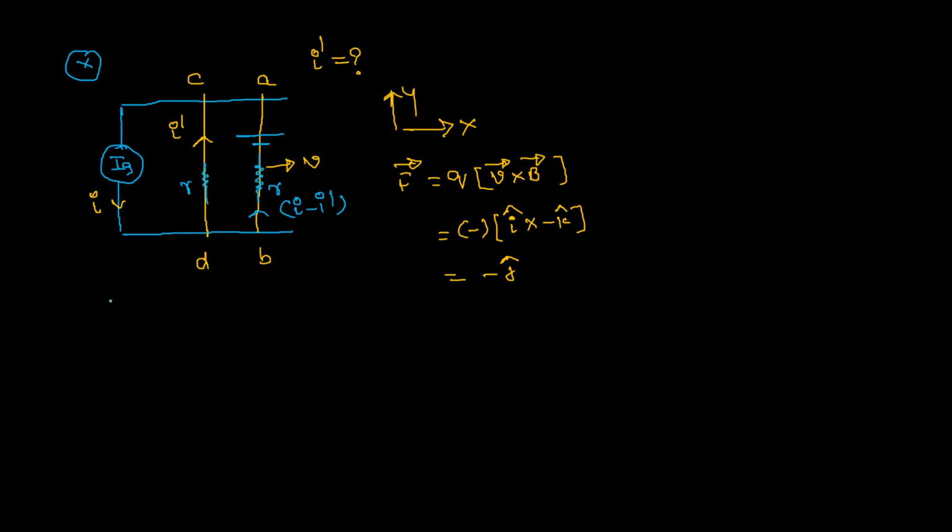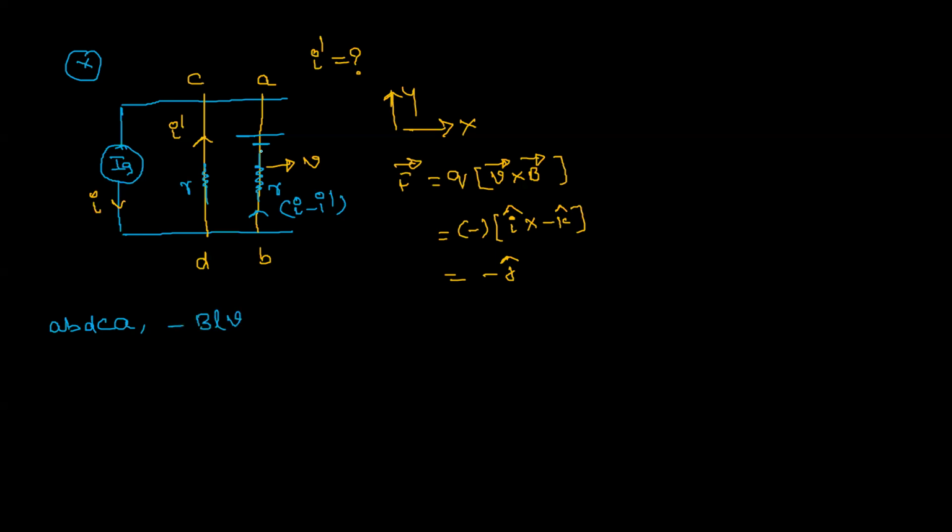Now I am taking the loop A, B, D, C, A for Kirchhoff's second law. See carefully. We are moving from high potential to low potential, so high to low means minus. EMF is BLV.